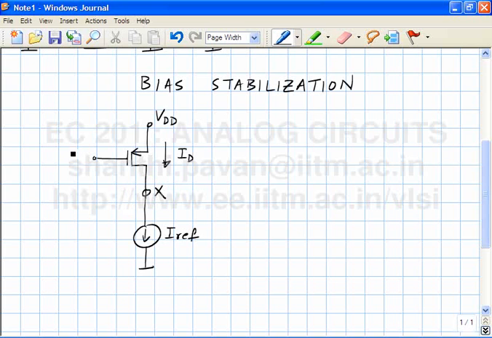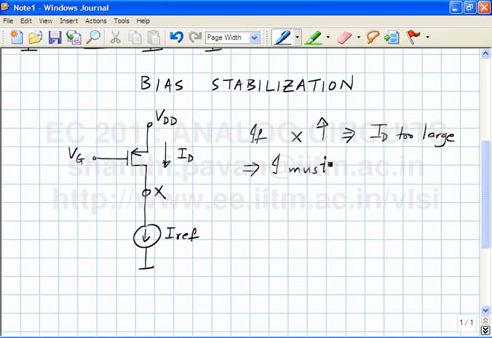X, so this is, let me call this VG. If the node potential at X increases, it means that ID is too large or too small? Too large. What knob do I have to control ID? VG. So if ID is too large and I want to reduce it, what should I do to VG?